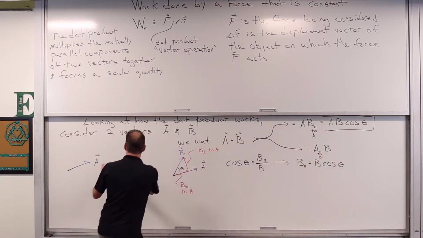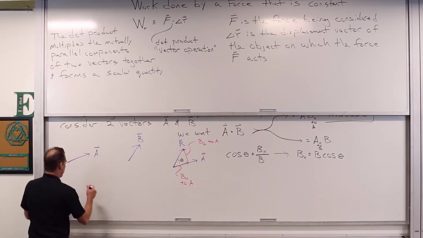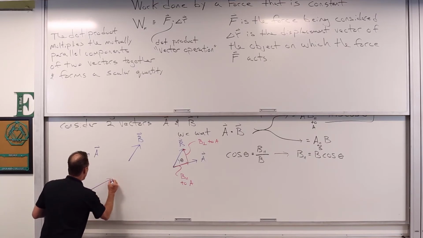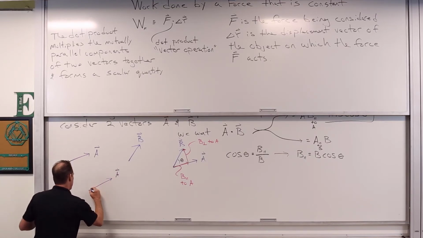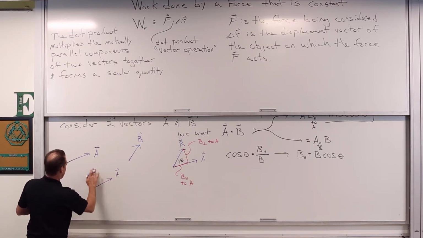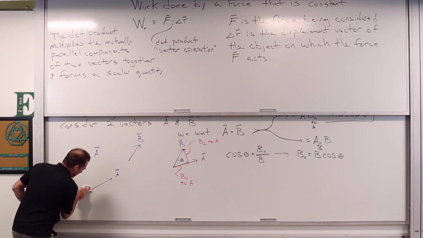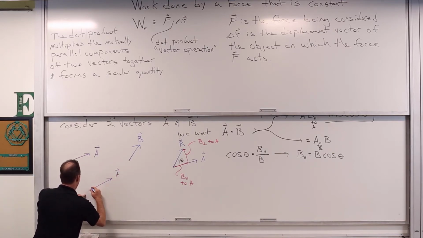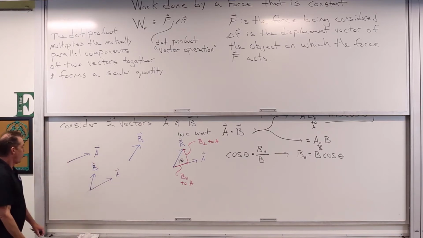So we're going to take the same scenario right here. I'm going to draw these two vectors once again. Here's our A, and here's our B. Not quite, but try to make it look at least a little bit in the same direction. Good enough. So what do we want?